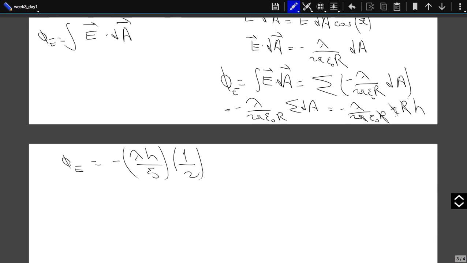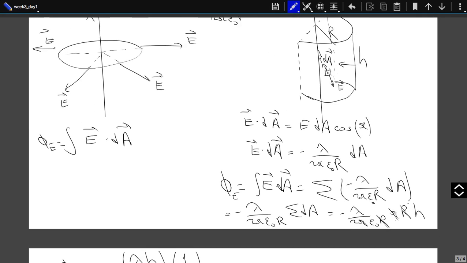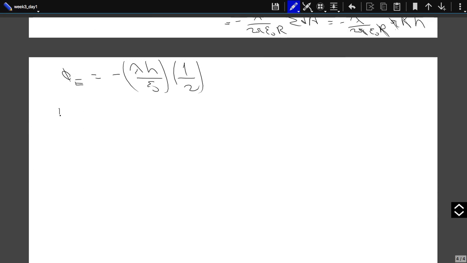Yes? The circumference of a circle is 2 pi r. Well, this is not a full cylinder, it's a half cylinder. So I just take half of the circumference. Let's just do the full one.